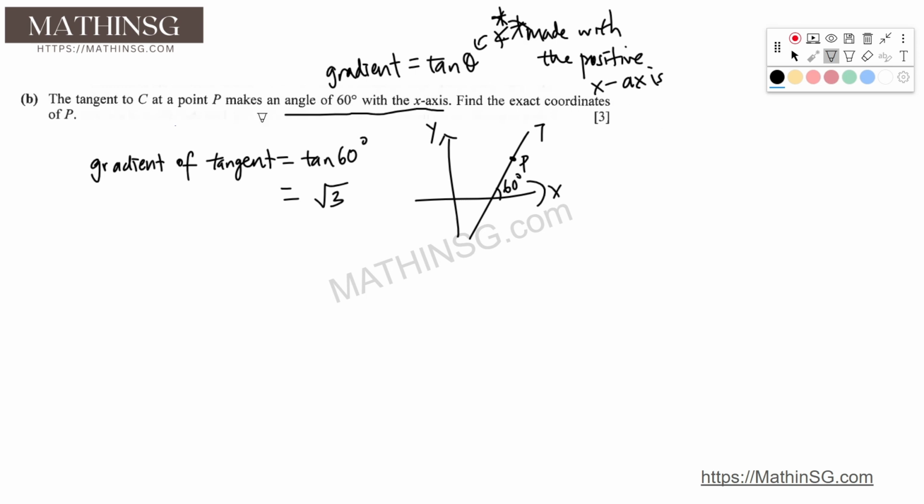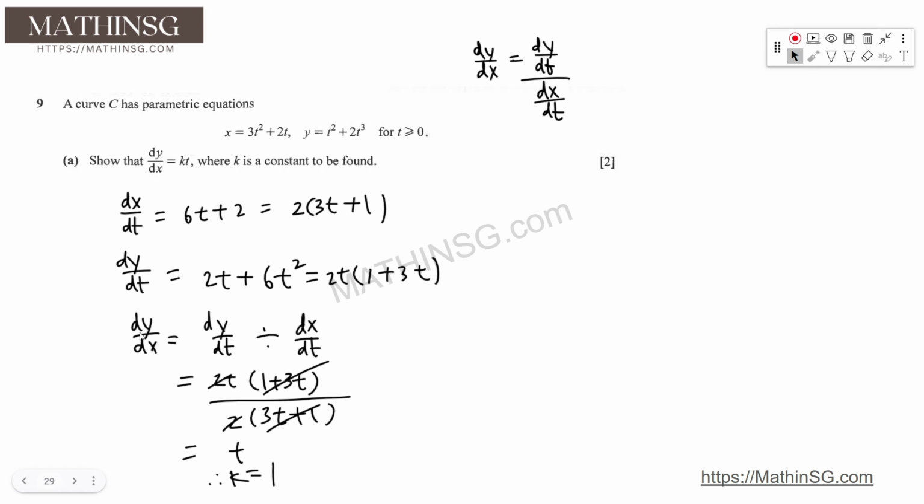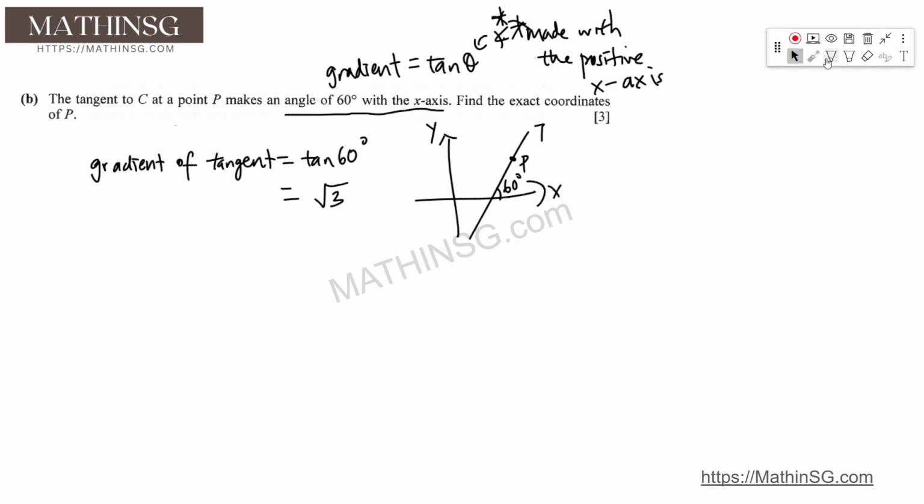The gradient of the tangent is equal to dy/dx, and I know that dy/dx is equal to t. So when dy/dx is equal to root 3, t is equal to root 3.